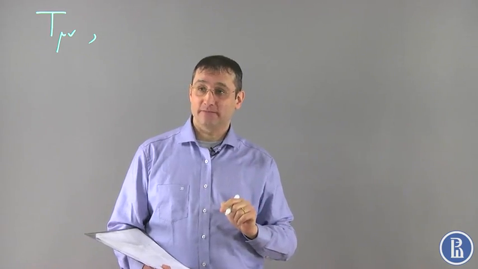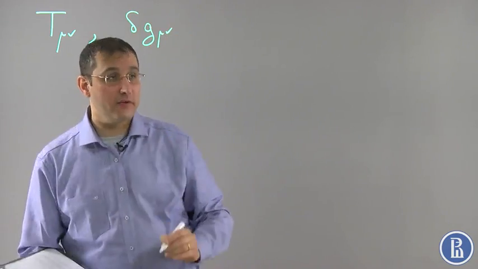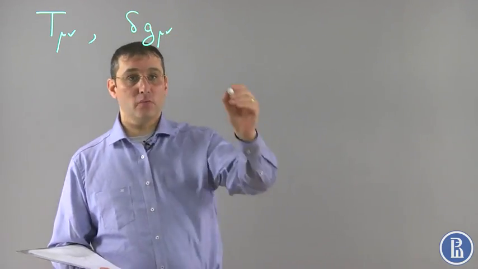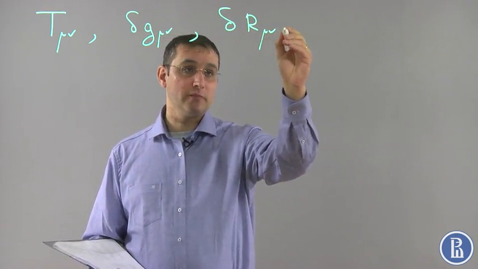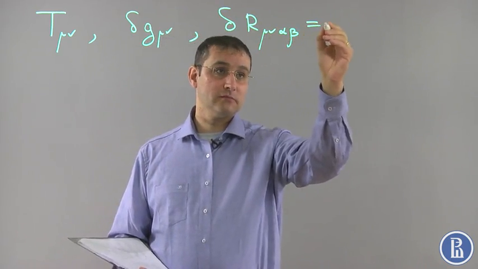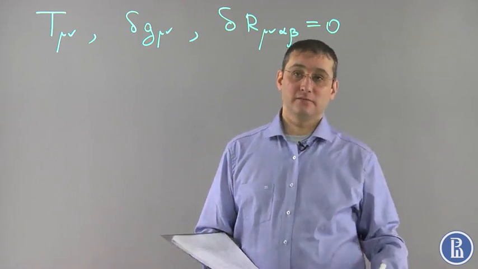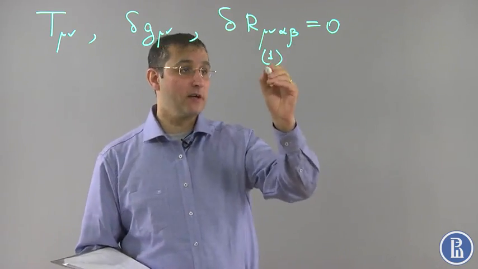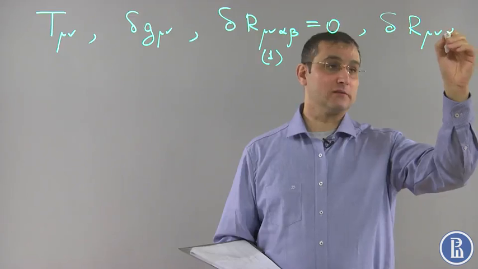To understand the physical meaning of t mu nu, let us consider the following fact. Among the variations of the metric, there are those variations which do not change the Riemann tensor. This is the first type of variations. And there are also variations which do change the Riemann tensor.